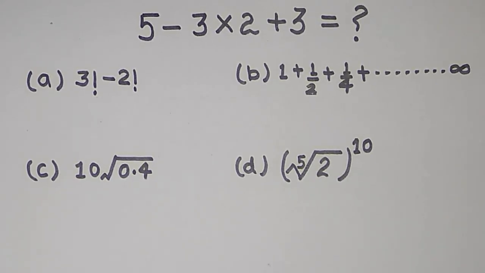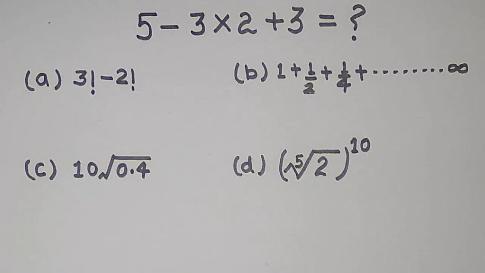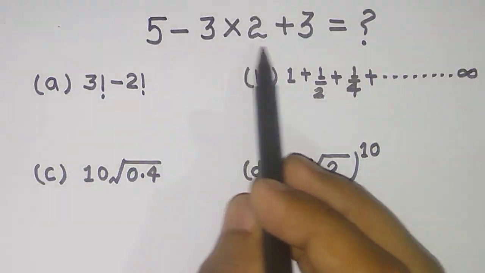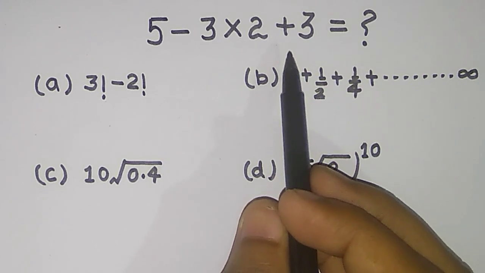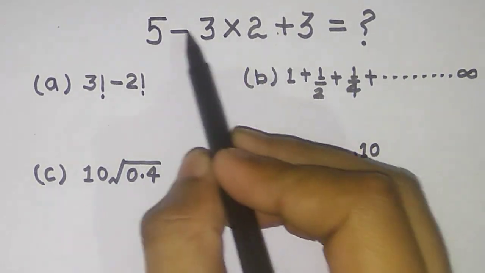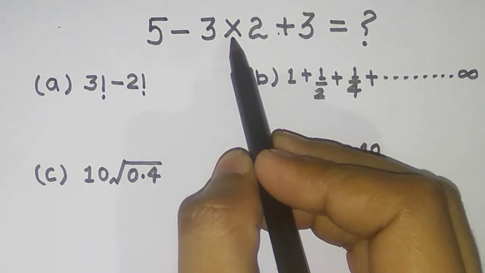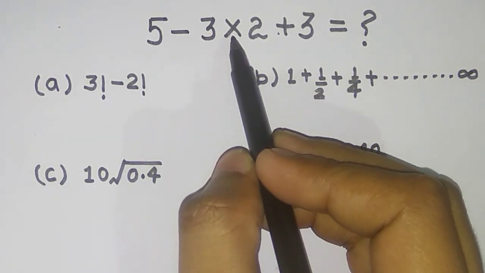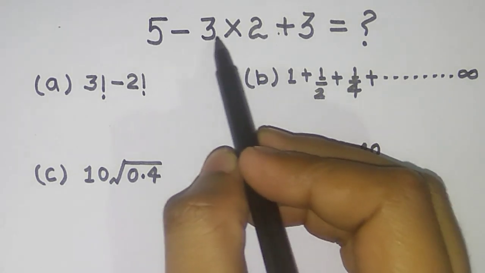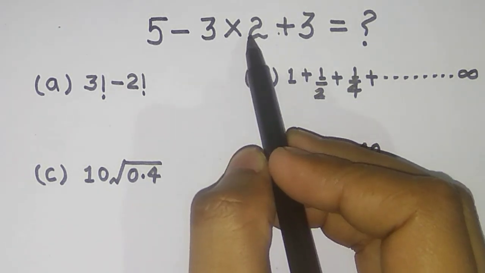Can you tell the value of 5 minus 3 into 2 plus 3? If you want to know the value of this, first you need to understand the BODMAS rule. If plus, minus and multiplication signs are given in the expression, then we should always solve multiplication first.